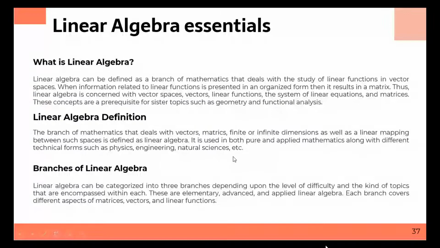We discussed that linear algebra is concerned with vector spaces, 3D spaces, vectors and linear functions. Understand what geometry is and what it deals with. Geometry basically deals with measuring the sizes, areas of objects.